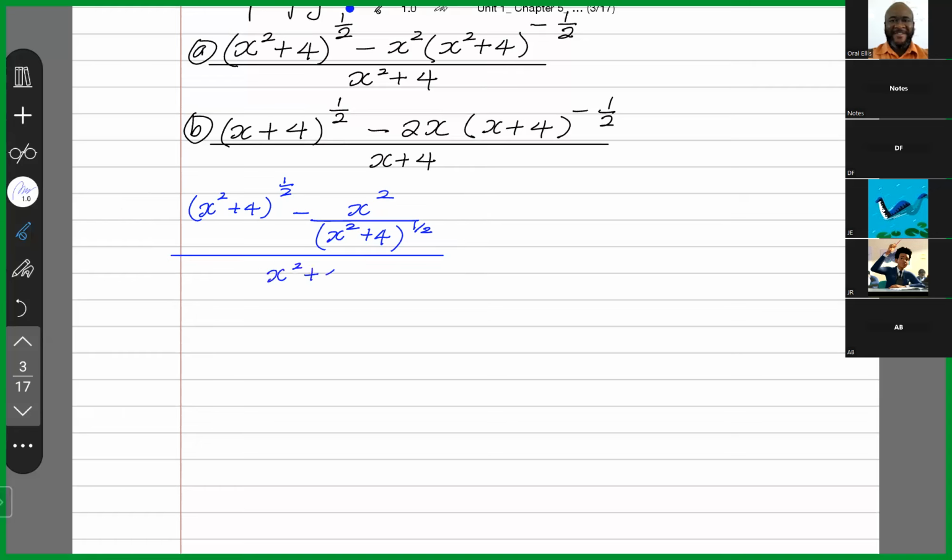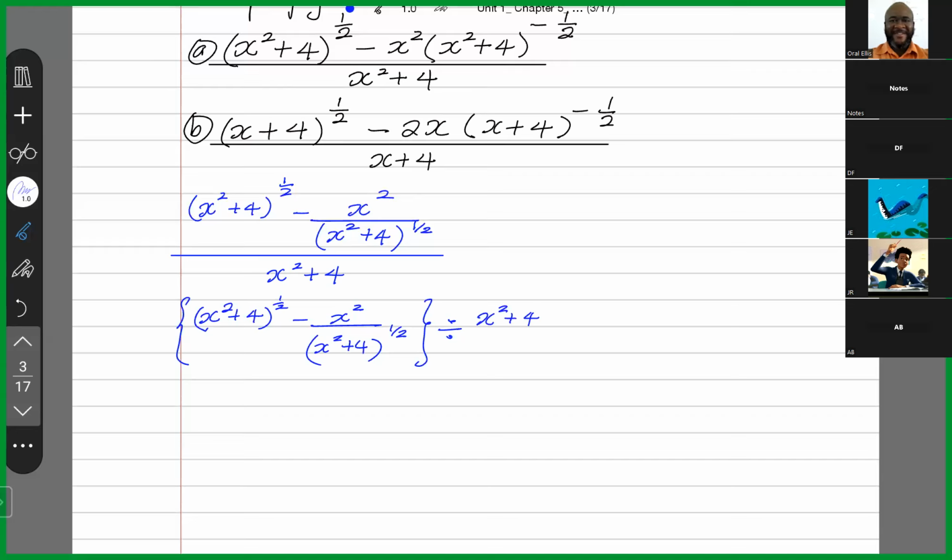So we have numerator divided by denominator. So I'm going to separate them, the numerator and the denominator: (x squared plus 4) raised to the half power minus x squared over (x squared plus 4) raised to the half power. This is the numerator. And the numerator is being divided by the denominator, which is x squared plus 4.